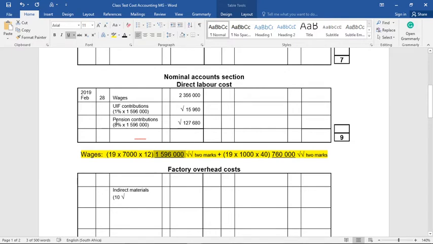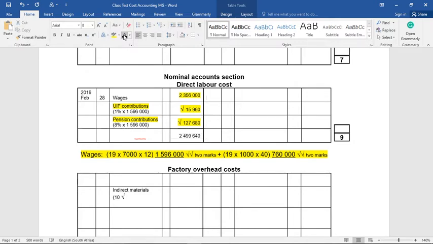So 8% of the basic, 1,596,000, is a further 127,680, and the contra account there is pension fund contributions. Then 1% of the same 1,596,000 gives you a further 15,960 for UIF contributions.